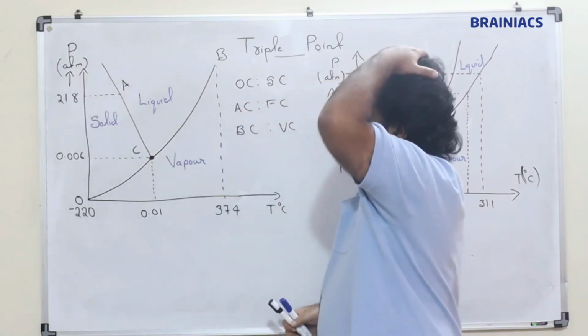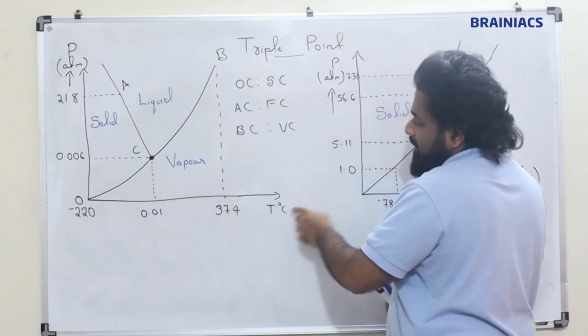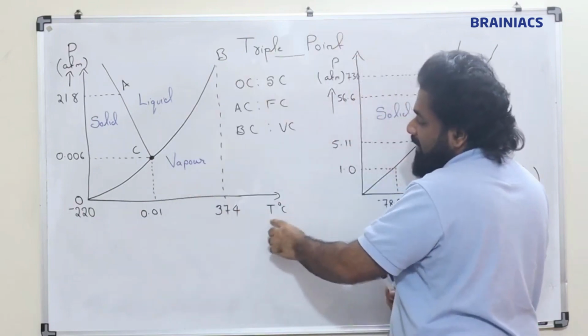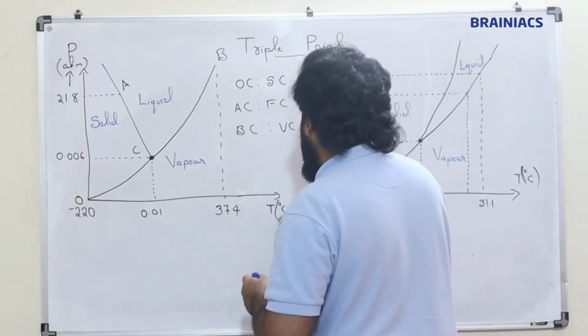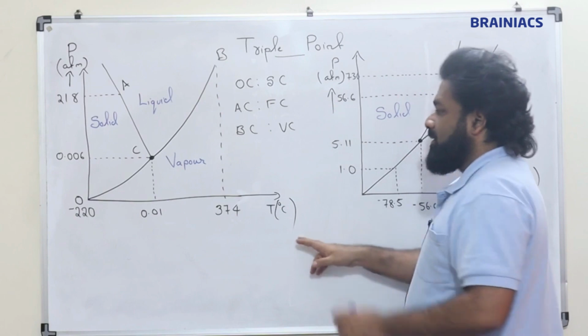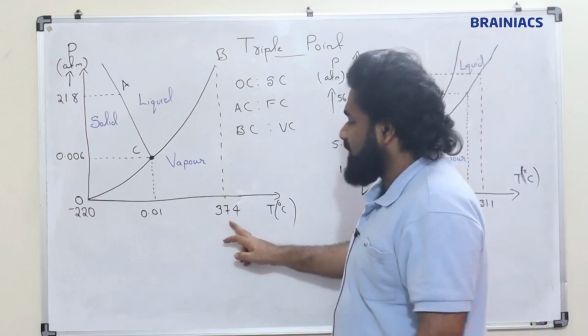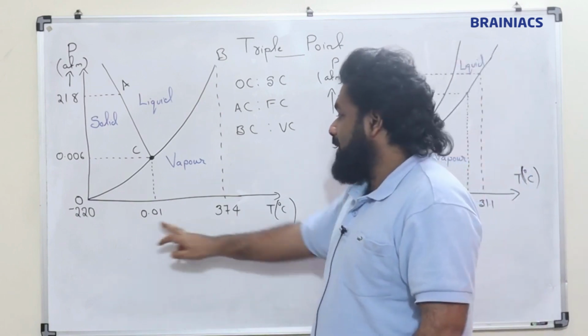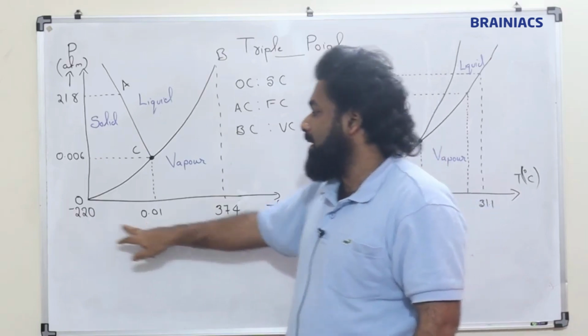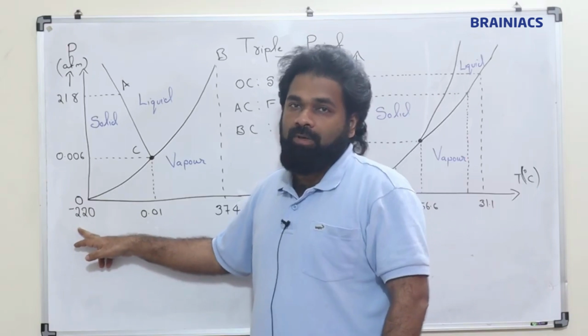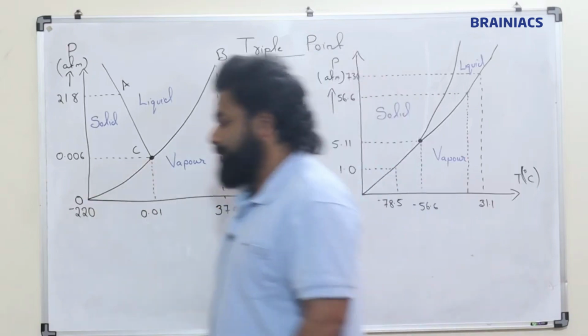And in the x-axis we have marked T, temperature, in degrees Celsius. So this is 374 degrees Celsius, this is 0.01 degree Celsius, and here it is -220 degrees Celsius.